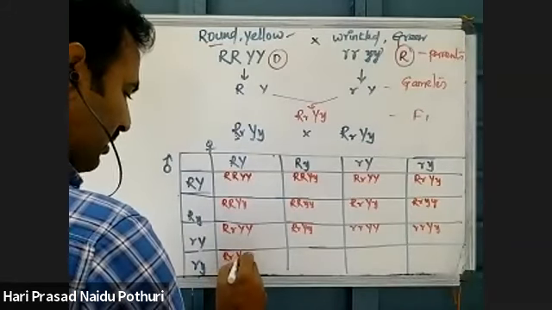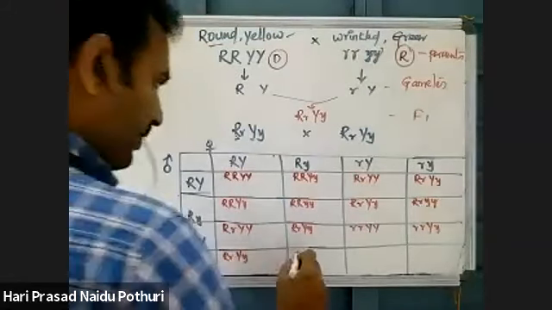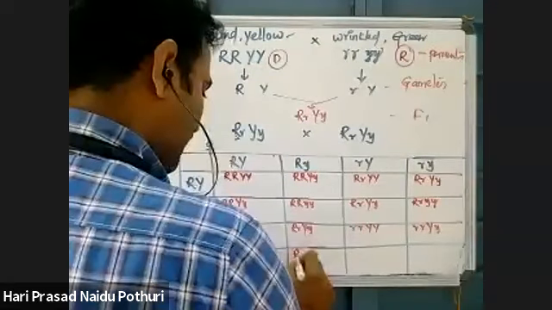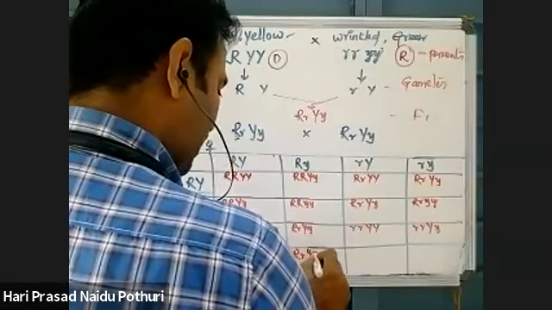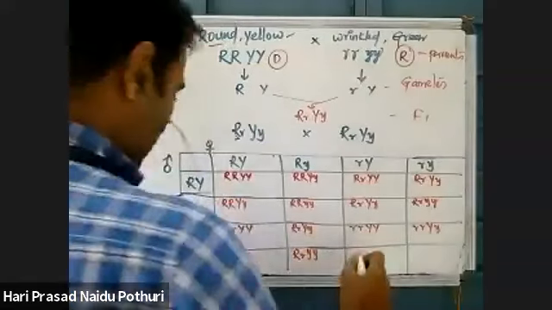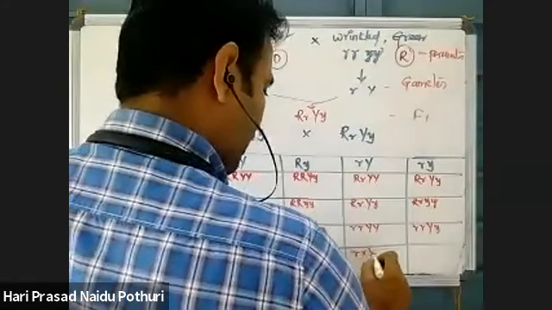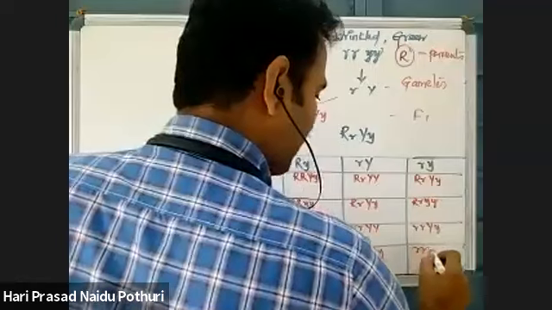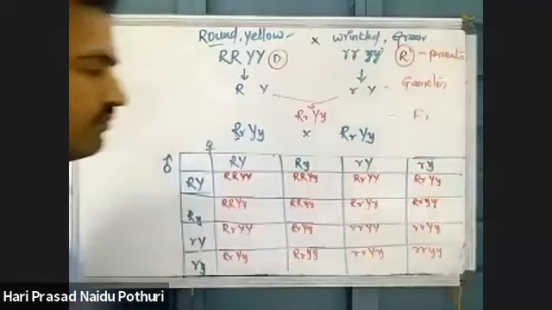Then capital R, capital Y, small y. Then capital R, small y, small y. Small r, capital Y, small y. Small r, small y, small y.